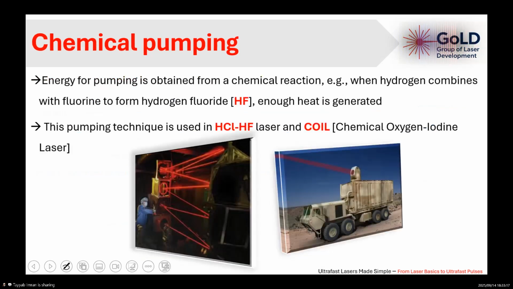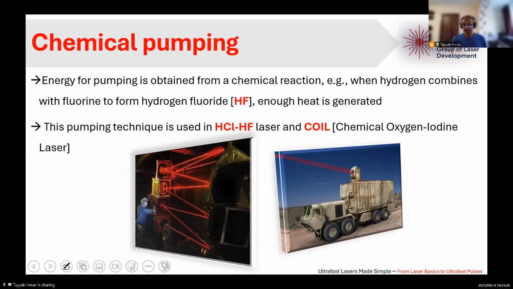Chemical pumping. Chemical pumping actually is, as I mentioned, a chemical reaction that happens. What do they do actually? They use two chemicals and separate them in a cavity kind of arrangement, a vessel or something like this.